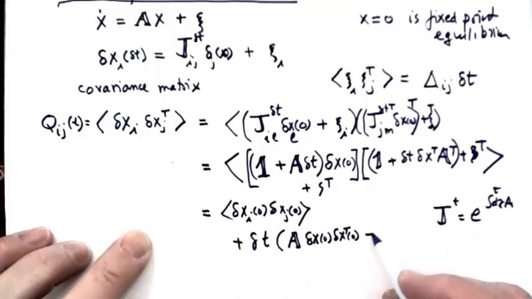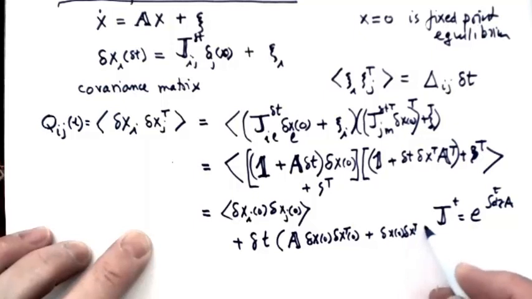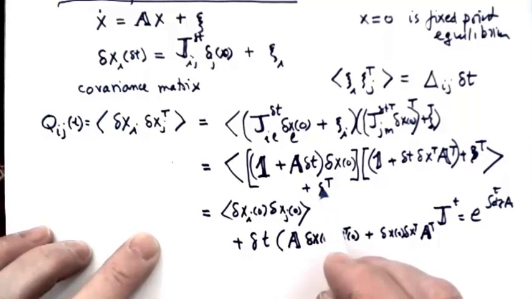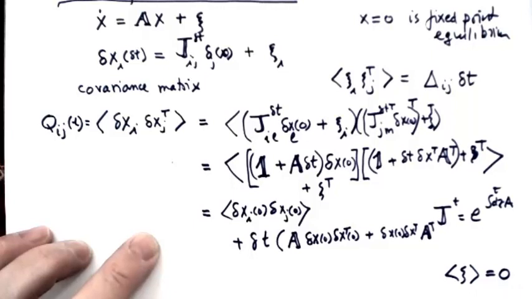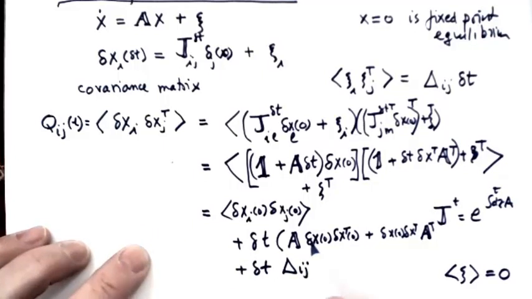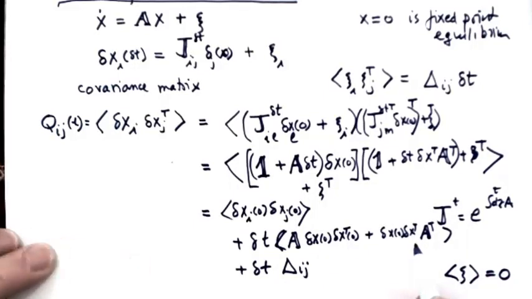From here I pick up another term which looks like this, something to average, x transpose A transpose. And then I pick up the linear terms in the noise. They vanish because we assume that the average drift is 0. And then we pick up this term here. So we pick up delta t A j. And we realize these two terms are Q at initial time.